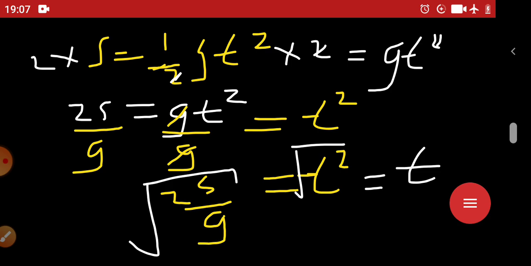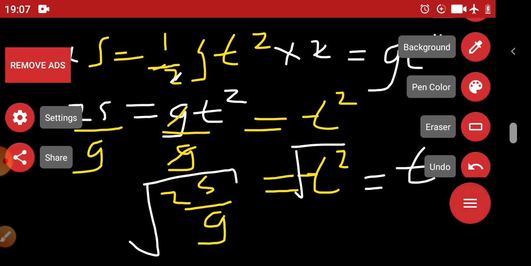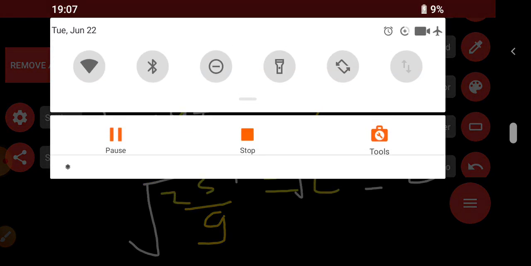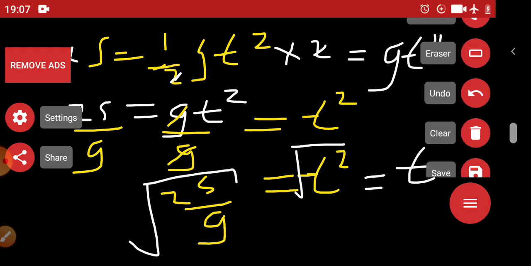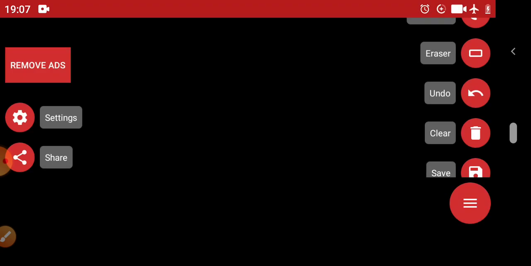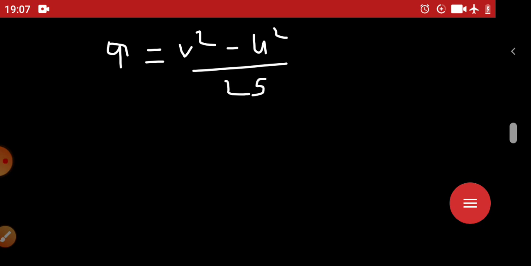So maybe let's try e, because e looks very complicated, but it's not very complicated. It's just that it involves a lot of terms. So in e we have a equal to v squared minus u squared all over 2s.